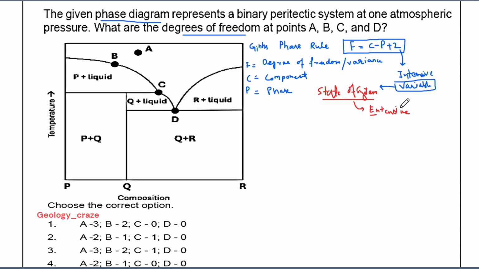So what is the difference between these two? Extensive depends upon the quantity of material. Quantity of material means, for example, mass, volume, number of moles, like this.